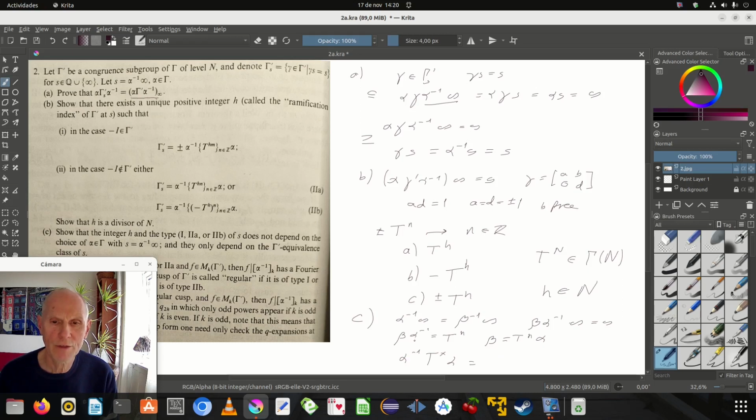So alpha minus first, that's T to the nth beta, T to x.